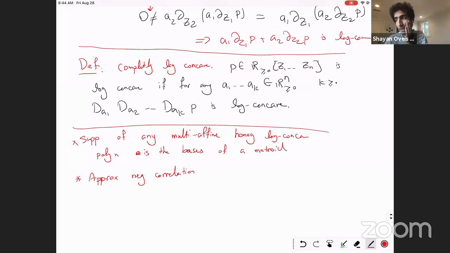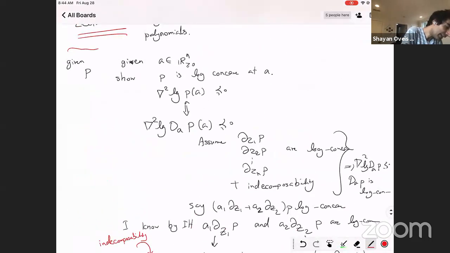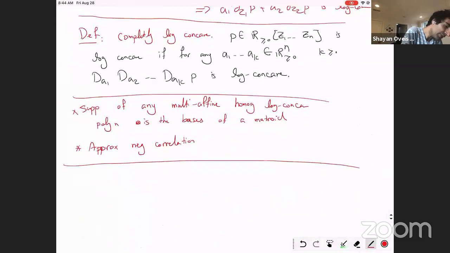There's a problem about the approximate negative correlation property of these polynomials. So basically, this shows that uniform distributions over the bases of a matroid are not negatively correlated, but they are approximately negatively correlated. Okay. So that's all I wanted to say about log concave polynomials.